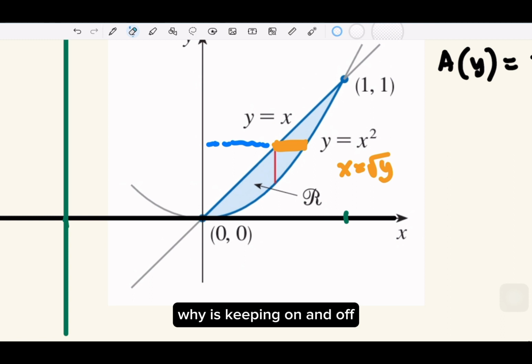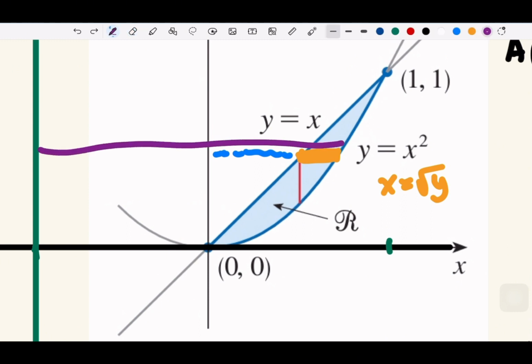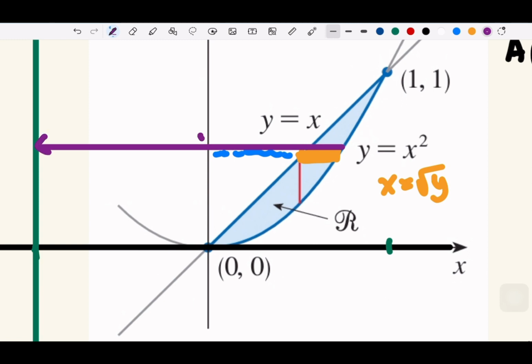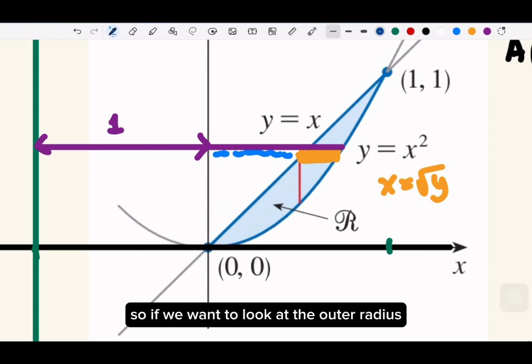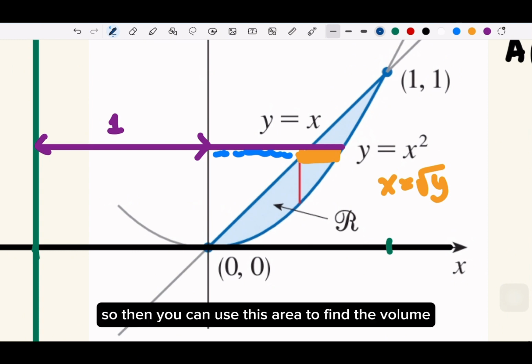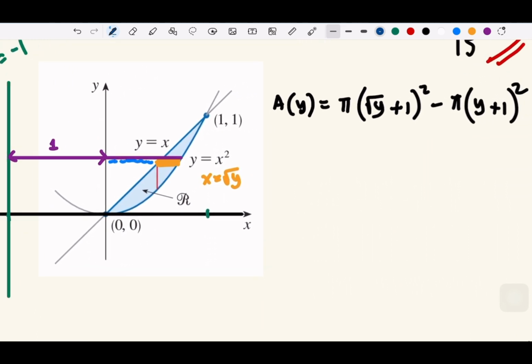So this will be the radius. Okay. So this is 1. So if we want to look at the outer radius, then it is this plus this, and the inner radius from here, from x. Okay. So then you can use this area to find the volume.